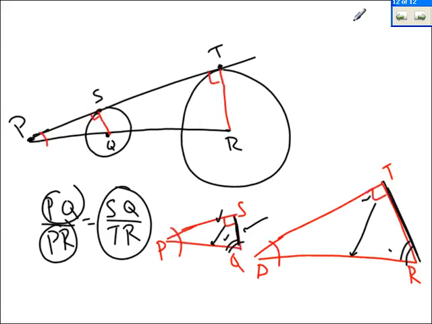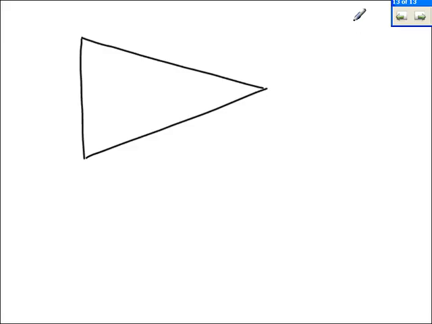Okay, let's try one more problem. Just be daring and try one more problem. You have an isosceles triangle, A, B, C, and you put a circle inside it.